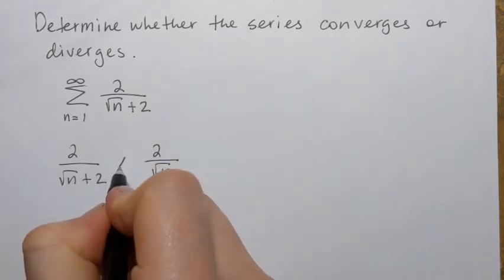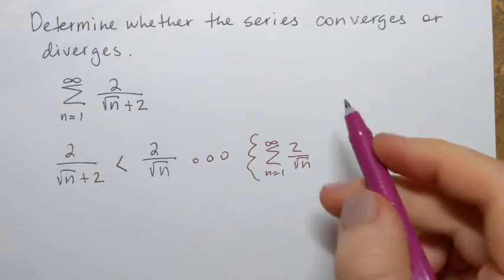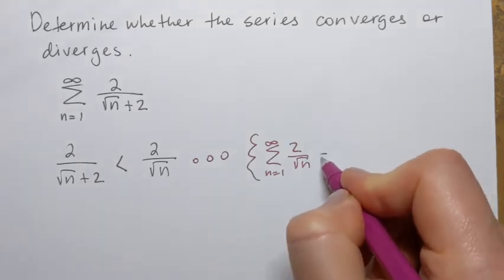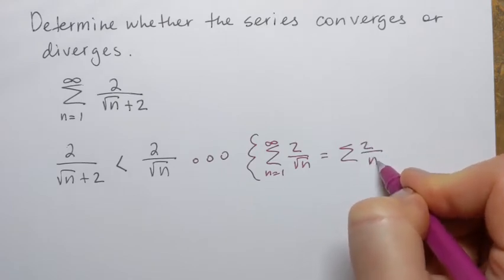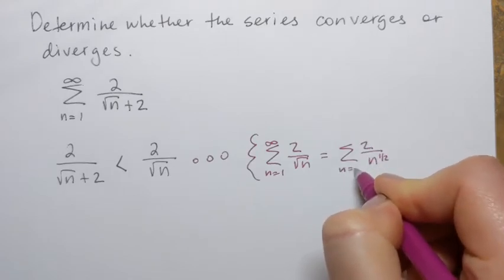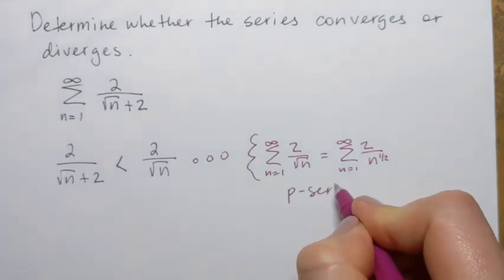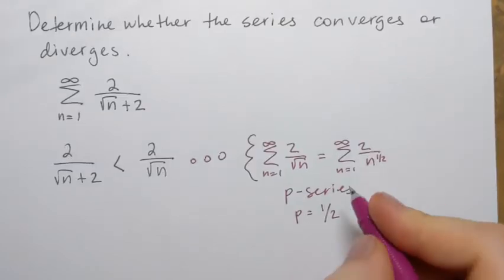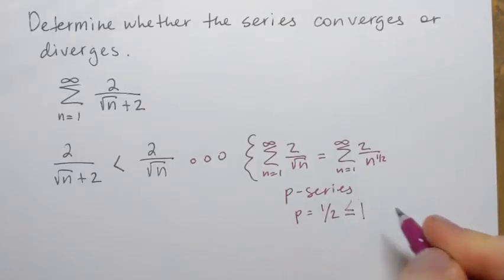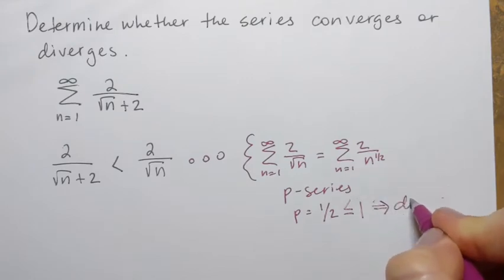So I'll use the less than sign. And this is the general term of this p series, 2 over square root of n, which is the same as 2 over n to the power 1/2. Right, so that's a p series with p equals 1/2, which is less than or equal to 1. Therefore, this series diverges.